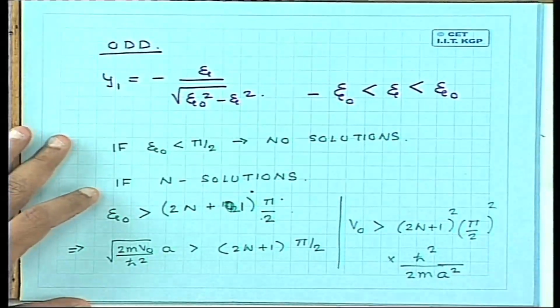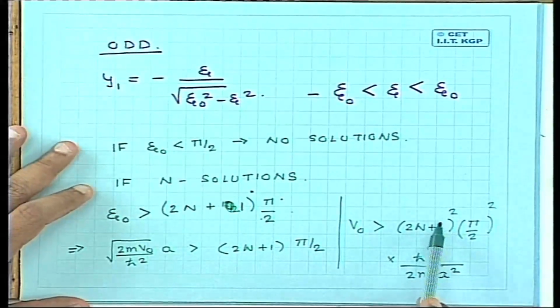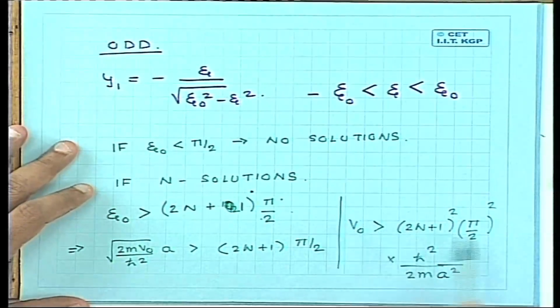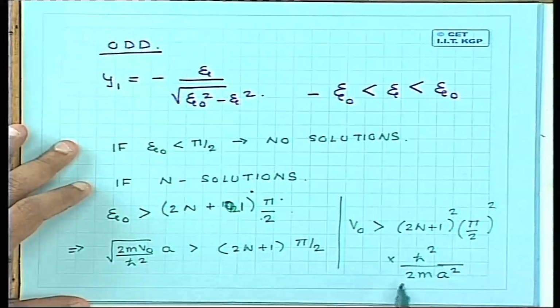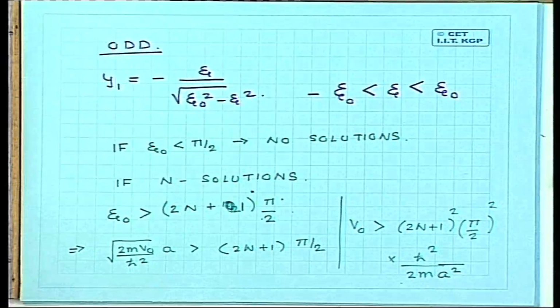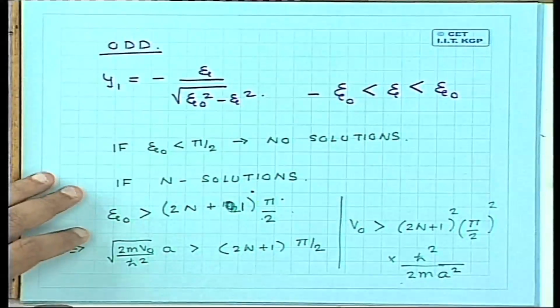If n is 0, so the potential is less than pi by 2 squared times h cross square by 2ma squared, there are no solutions corresponding to odd values of n.